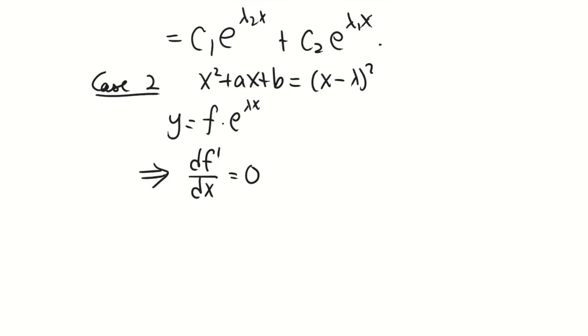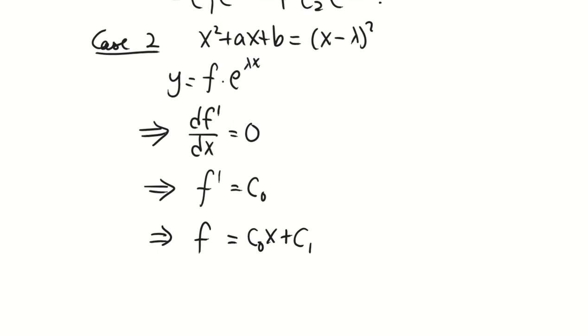And if that's 0, then f prime is a constant, and hence f is c naught x plus c1. And we substitute back inside, we would get ax plus b, where a and b are constants.